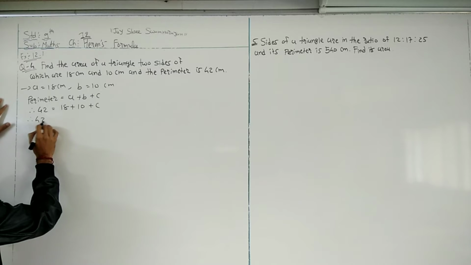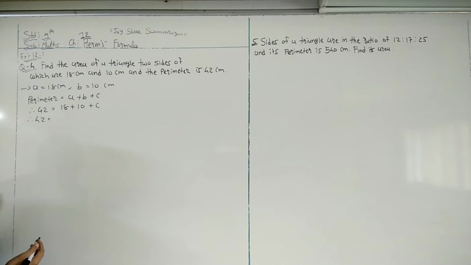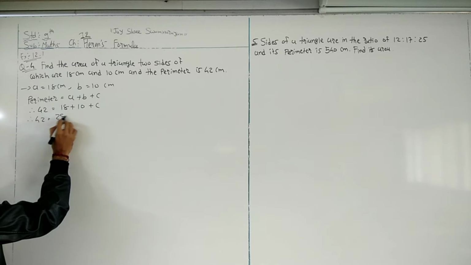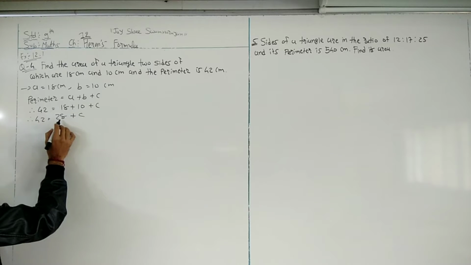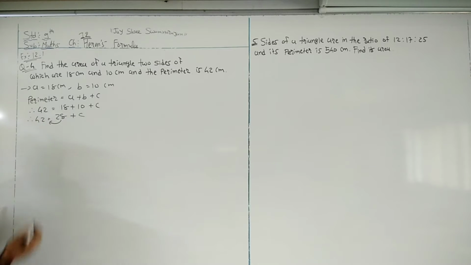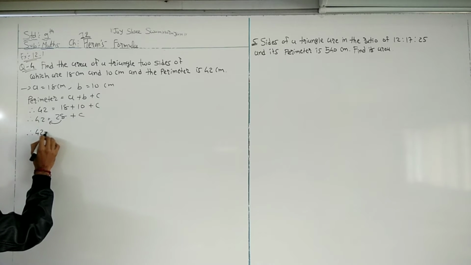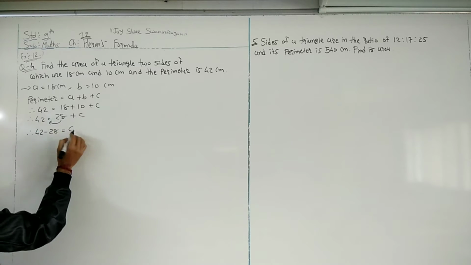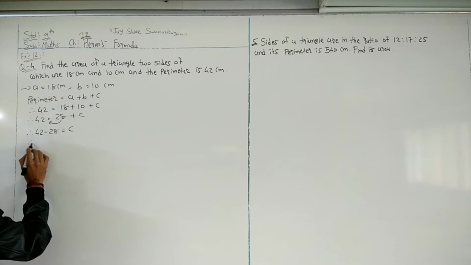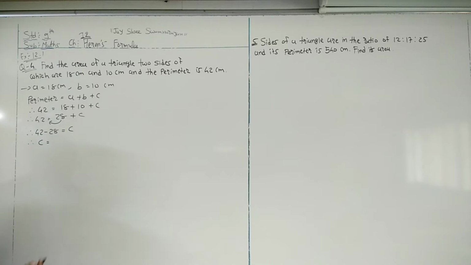Now 42, 18 plus 10, 28 plus C. For finding the value of C, transfer this 28 to the left hand side. So 42 minus 28 is equal to C. So our C is equal to 42 minus 28, it is 14. Right? C is equal to 14.